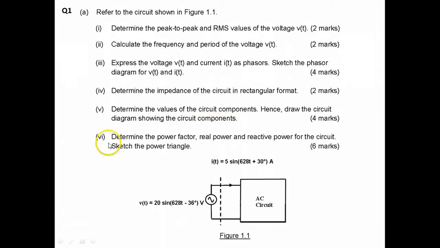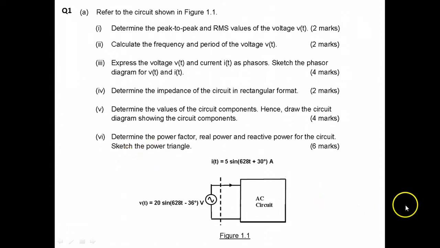Part 6, determine the power factor, right? Because the AC input voltage and the AC incoming current obviously have a phase difference, so there is a power factor. And of this power here, how much is the real power, how much is the reactive power? And finally, we are tasked to sketch the power triangle.